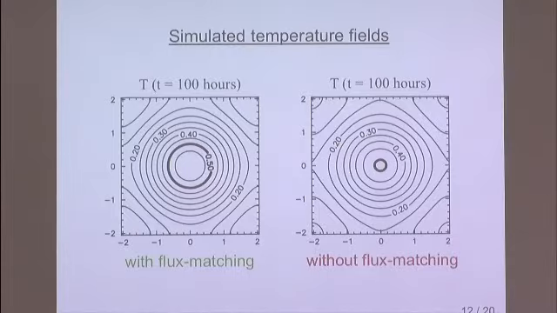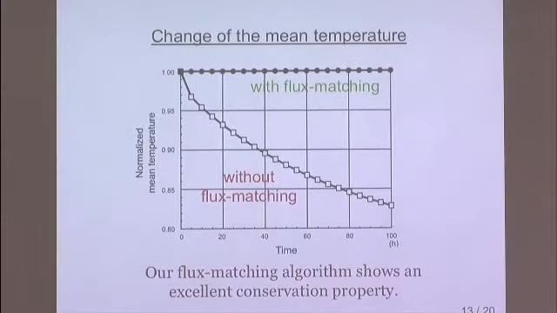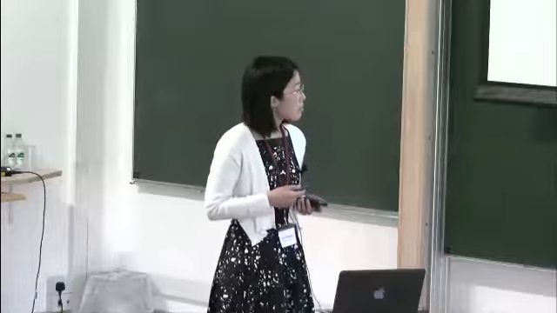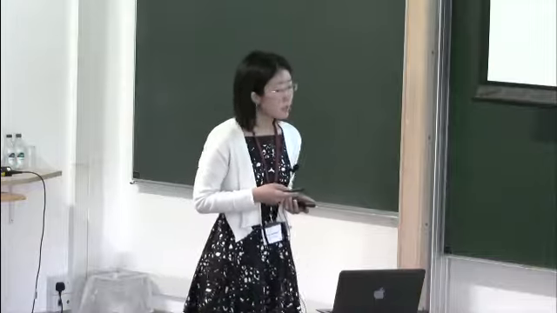So to make it clear, I show the time change of the mean temperature normalized by that in the initial state. It clearly shows that with the flux matching, the mean temperature remains constant, while it decreases to less than 85% of the initial value after 100 hours of integration without flux matching.